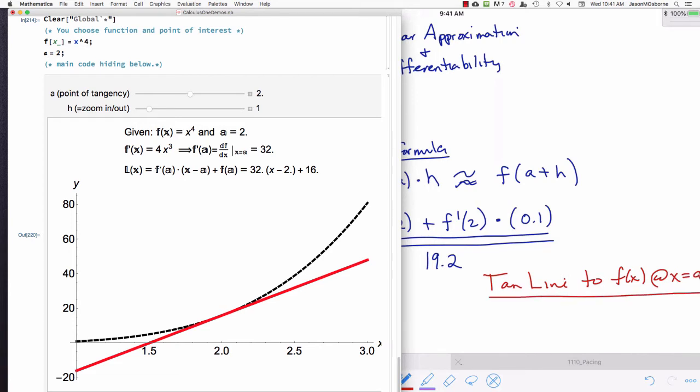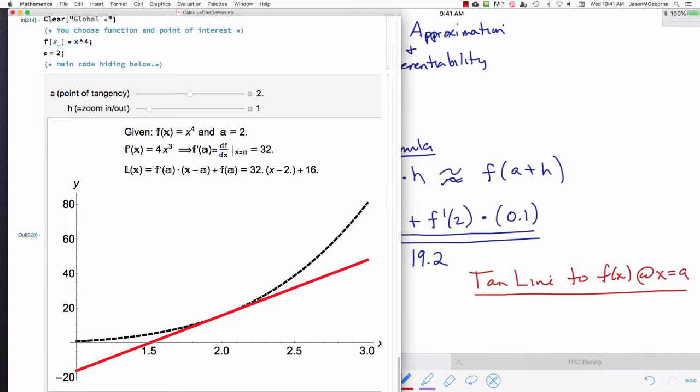The function was x to the fourth. The derivative is 4x cubed, and when you put in 2 into the derivative, you get 32. So you know that the slope of the tangent line, f prime of 2, is 32, and the tangent line formula was y equals f of a plus f prime of a times x minus a.